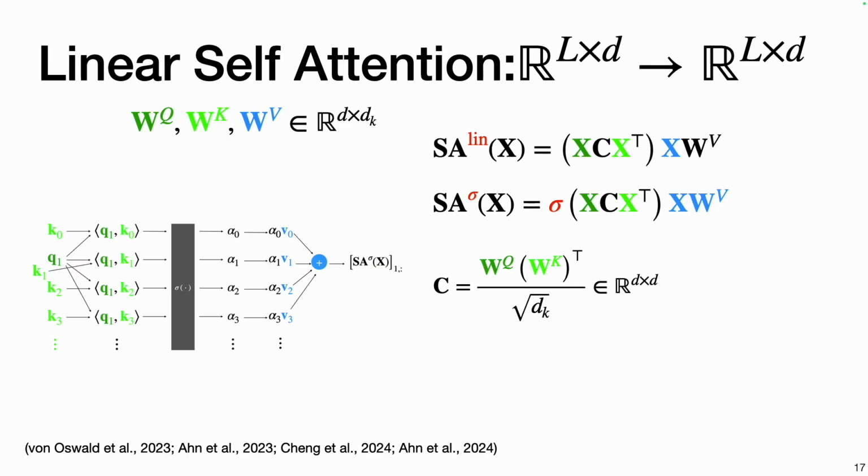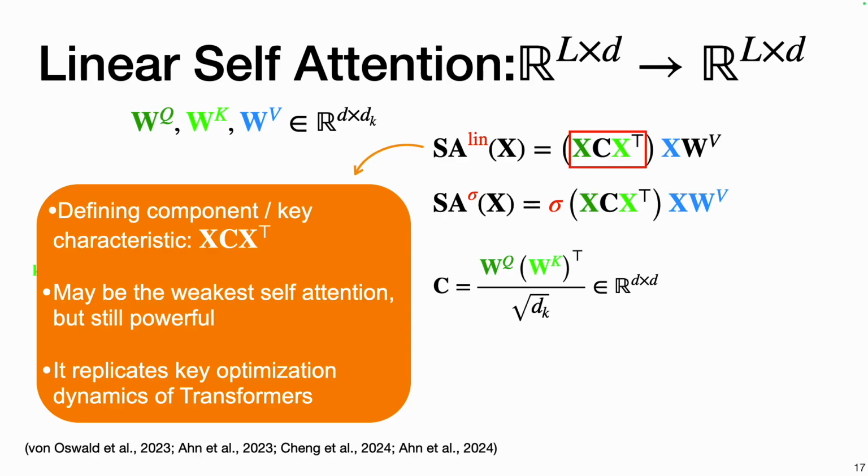To simplify the theoretical analysis and explain a diverse range of self-attention implementations, we look at a linear variant of self-attention. That is the formula you see above. That preserves the core characteristics of self-attention through its dependence on the attention scores, that is the XC X transpose you see here.